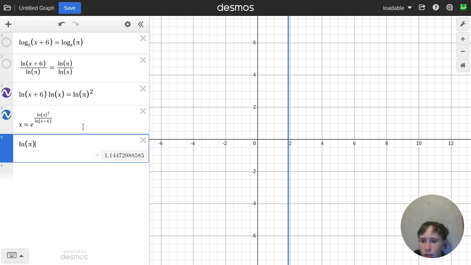What is log natural pi? What's that squared? So we can simplify this.